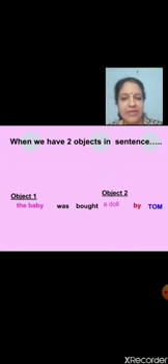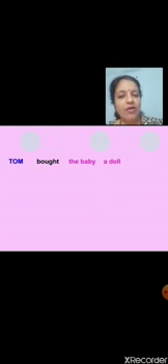Did you see? In this we have just changed the position of object 1. Now there is one more way to write the answer, wherein you bring object 2 to the position of the subject. Tom bought the baby a doll. Object 1, the baby. Object 2 is a doll. So if I have to start with a doll, how do I do it?